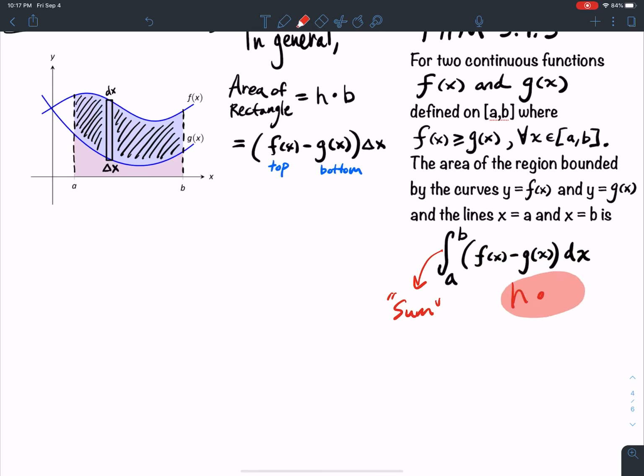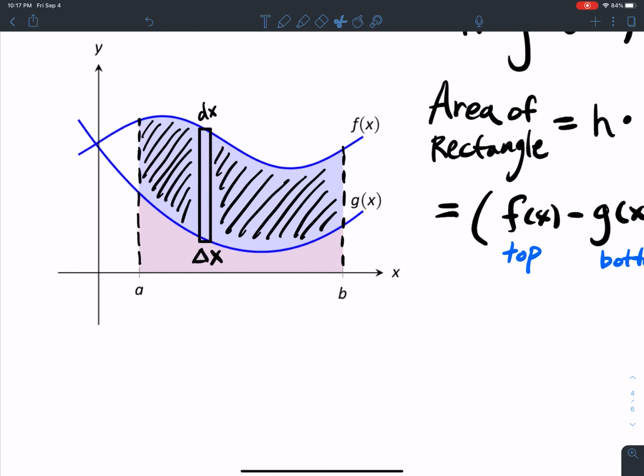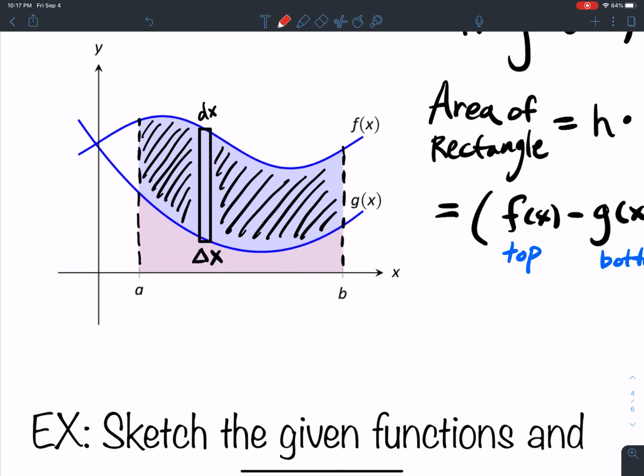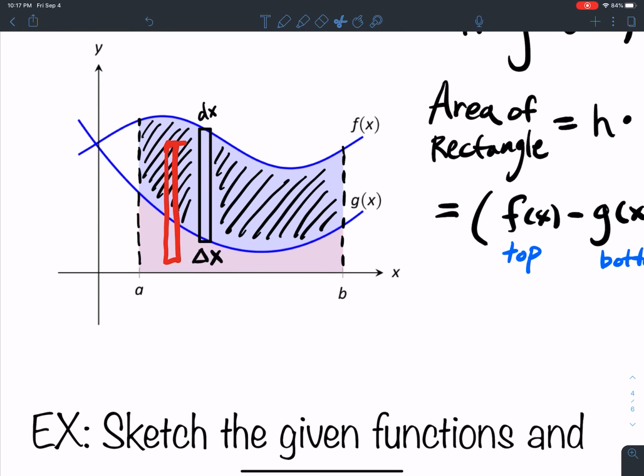Now I'm taking all those base times height, and I'm summing up all the infinitely many rectangles between a and b. So what does that look like? I take this arbitrary rectangle here, and I'm literally summing it up, starting at a, boom, boom, boom, all these infinitely many rectangles, all the way to b.